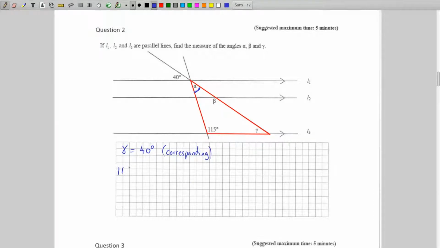So we know that 115 plus gamma plus alpha is 180, and that's because they're internal angles in a triangle. I know that gamma is 40, so I've got 115 plus 40 plus alpha is 180. That's 165 plus alpha is 180. And so alpha has to be 25 degrees.